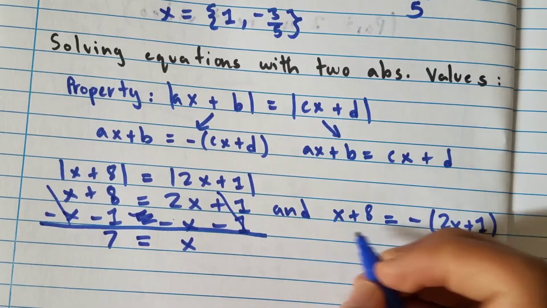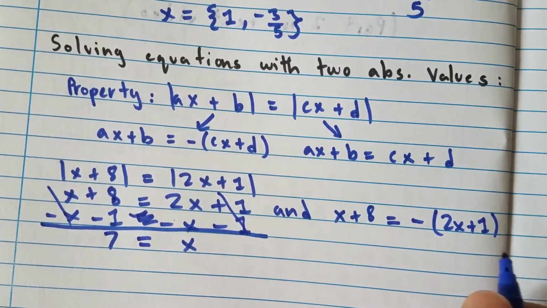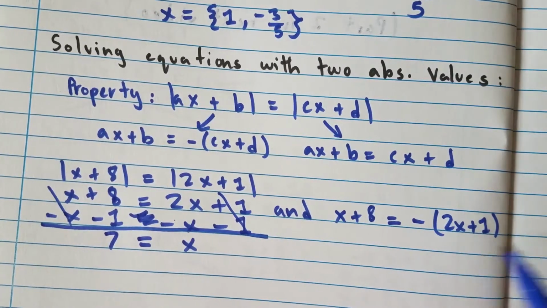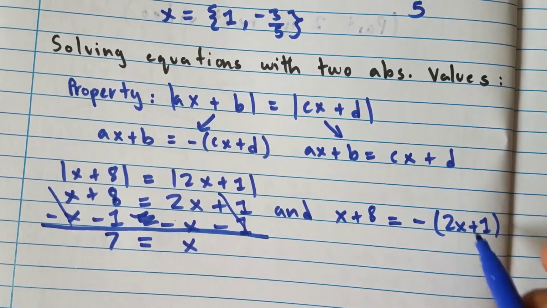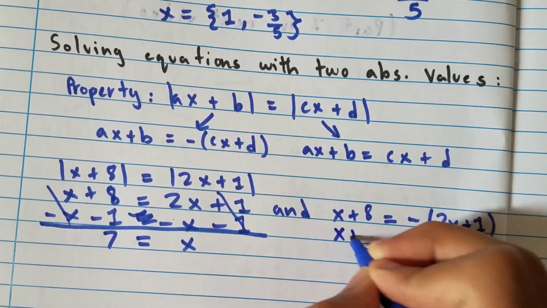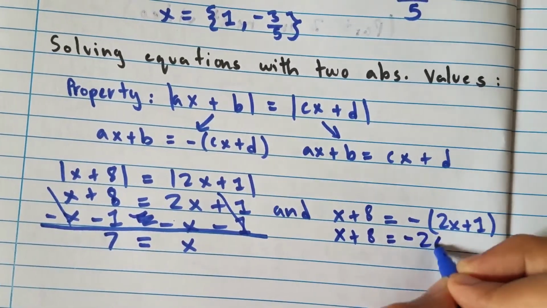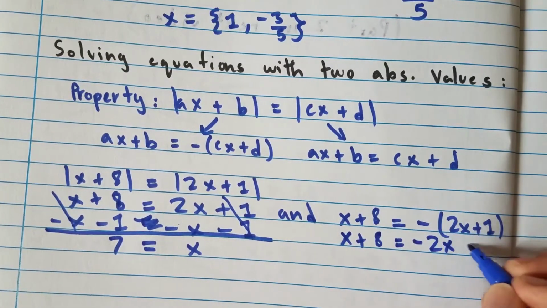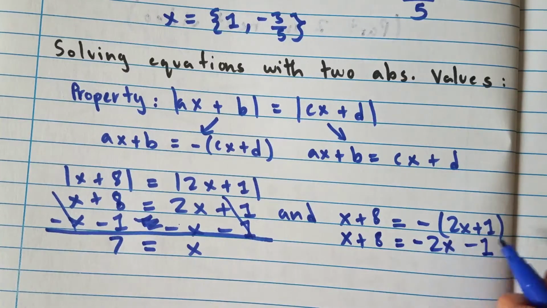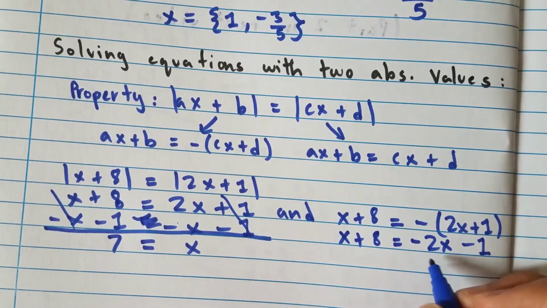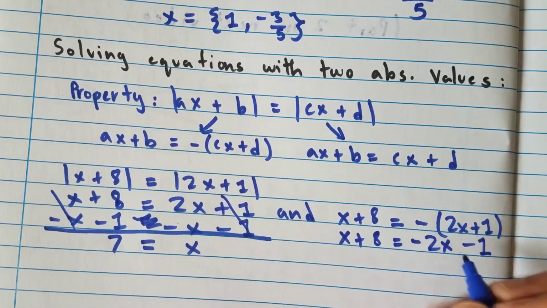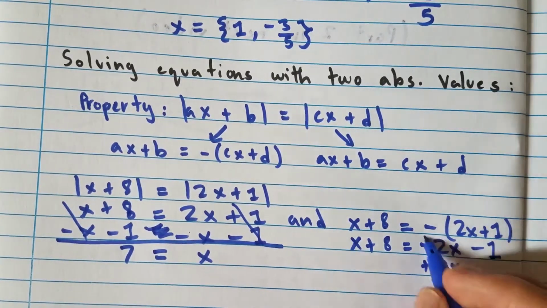On this equation we have that x plus 8 equals negative times 2x plus 1. So we can apply the distributive property to simplify this side of the equation. So we get x plus 8 equals negative 2x, plus 1 times negative 1 is negative 1. And then we just solve this equation. Here I see that I can add 2x on each side, and then the x's cancel out here.